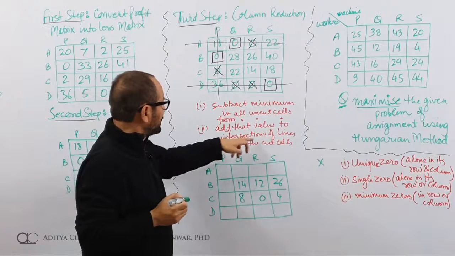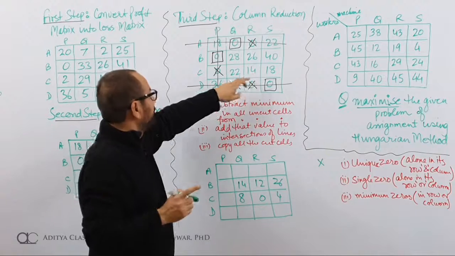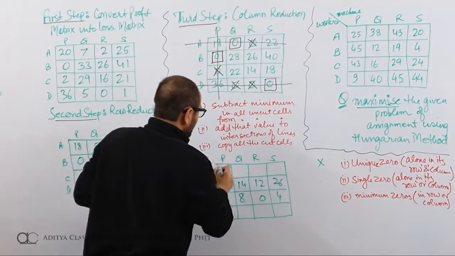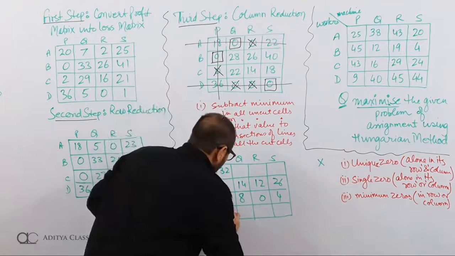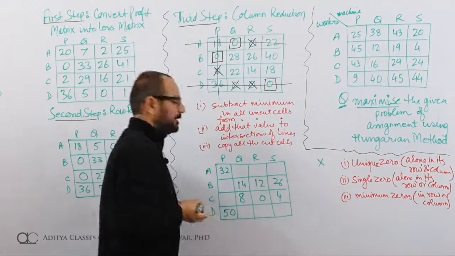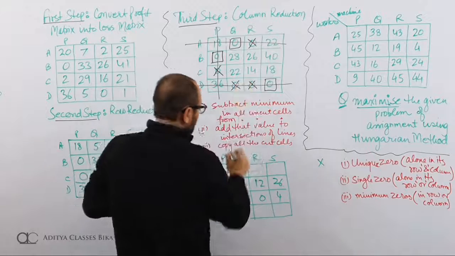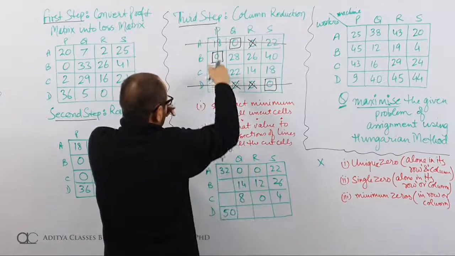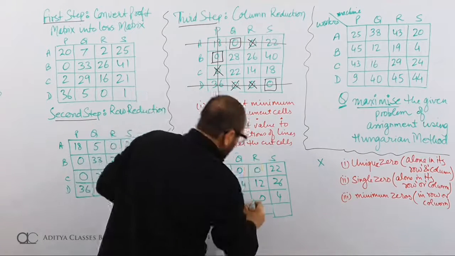Add that value to intersections of lines. 14 is that value, minimum value, to intersections, to these 2 places. 18 plus 14 would become 32. 36 plus 14 would become 50. And then copy the remaining cells. If I copy these, this is a 0, 0 and 22. Then these are a couple of zeros. Then we have 3 zeros over here.